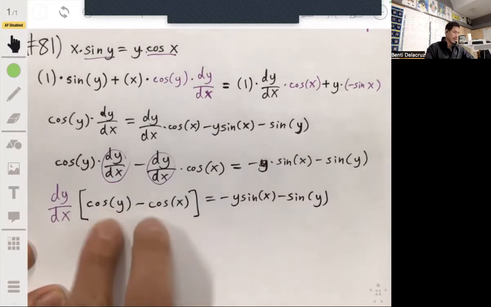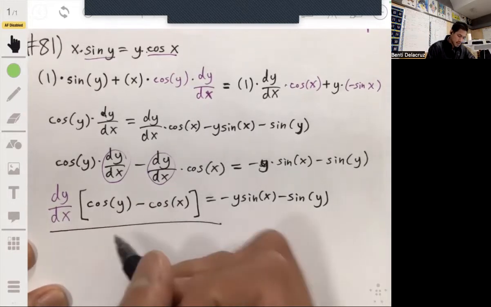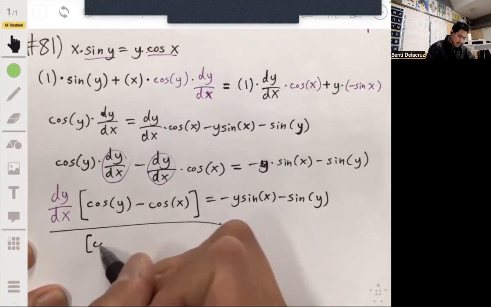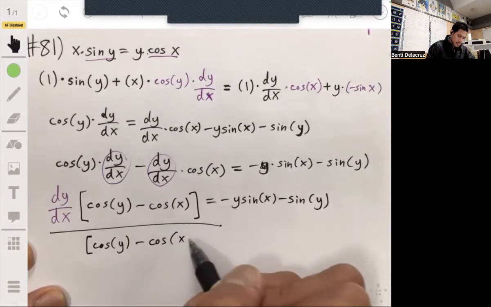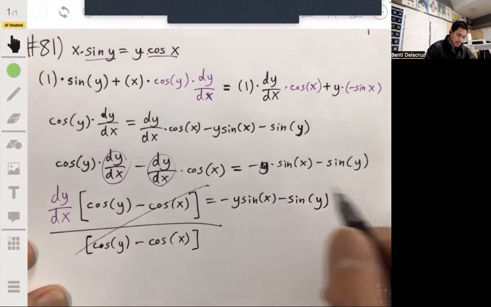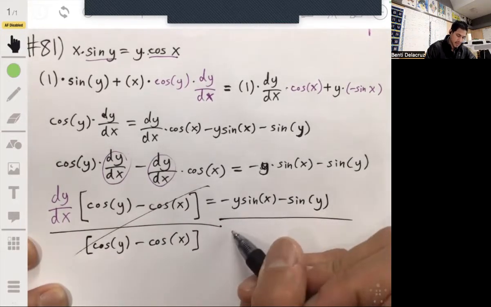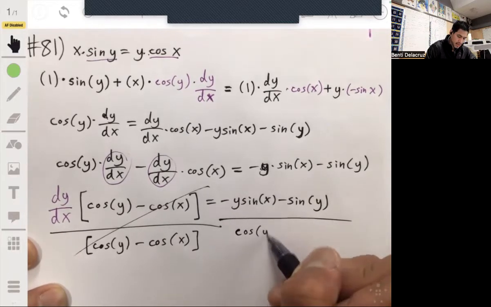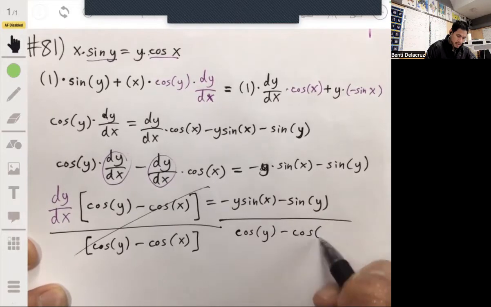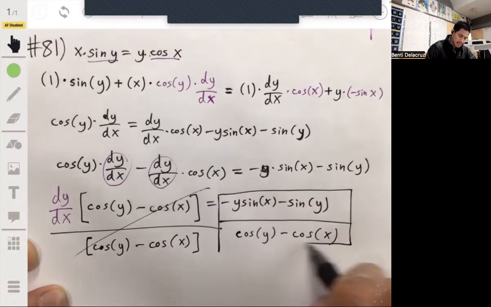And then I simply divide both sides by the cosine of y minus the cosine of x. So that'll cancel, and I'll just get that dy over dx will be equal to this over the cosine of y minus the cosine of x. I can't really do much with that, so that'll be my answer.